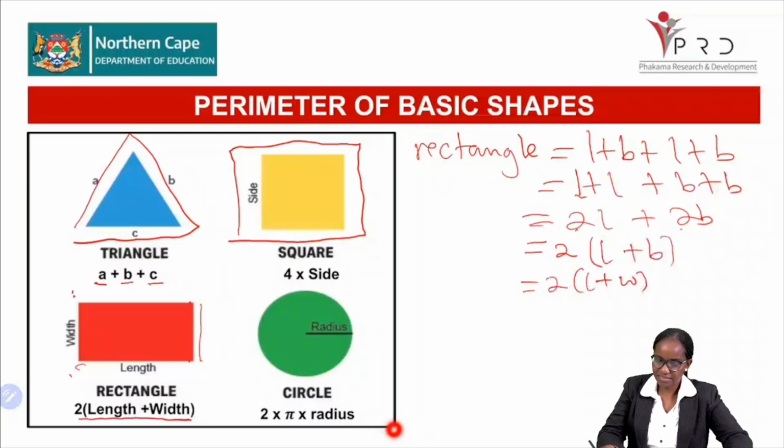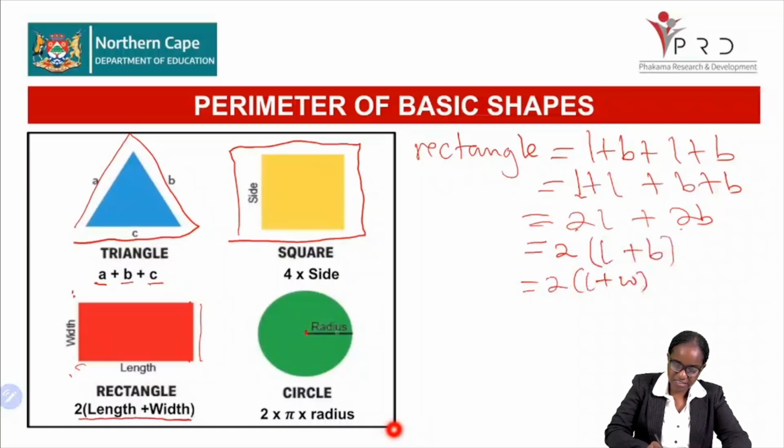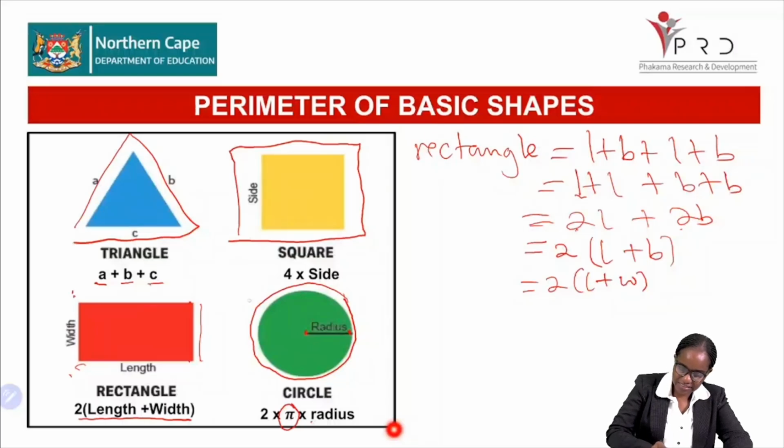Then the radius. The radius of the circle helps us to calculate the circumference. Because remember, this distance is not a straight line, but we need dimensions that are in a straight line. So we use the radius, which is a straight line. And there is a special constant that is used to multiply your radius to get the distance right round a circle.